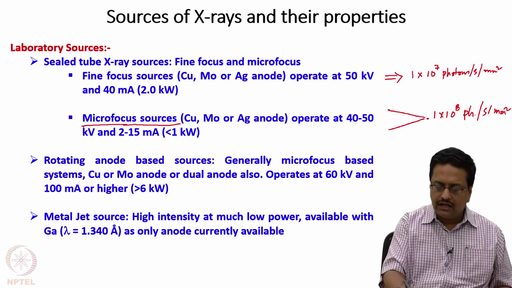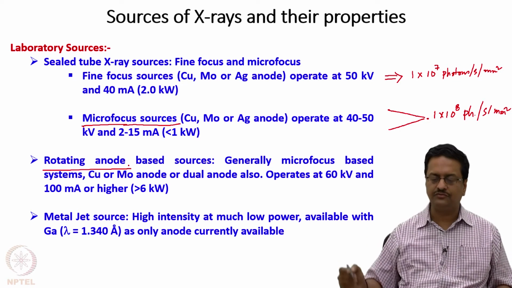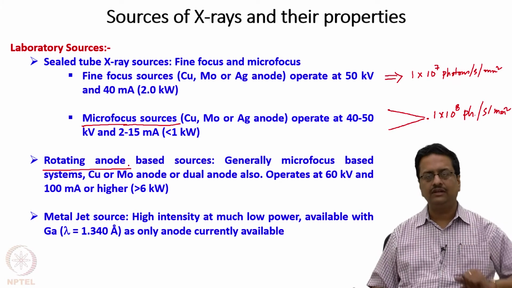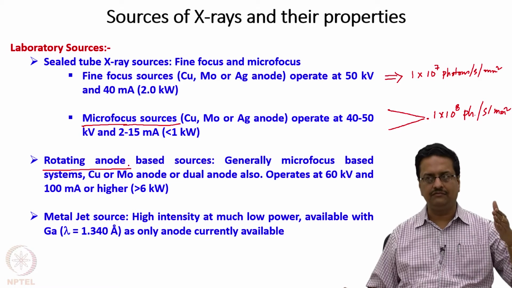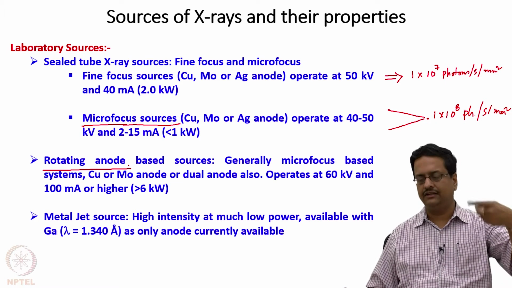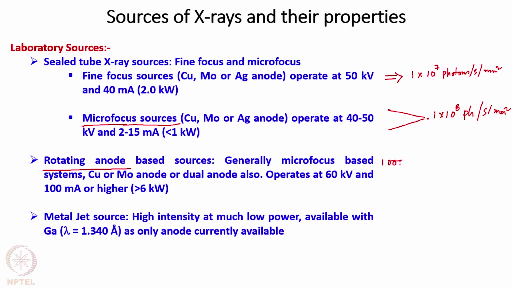The next higher intensity source is a rotating anode based source, where the anode that we talked about in the previous class, which was fixed, here rotates at very high speed, at about 10,000 rpm, and then we can use a much higher flux of electrons falling on the anode, which then generates X-rays at about 1 into 10 to the power 10, sometimes even 10 to the power 11 photons per second per square millimeter.